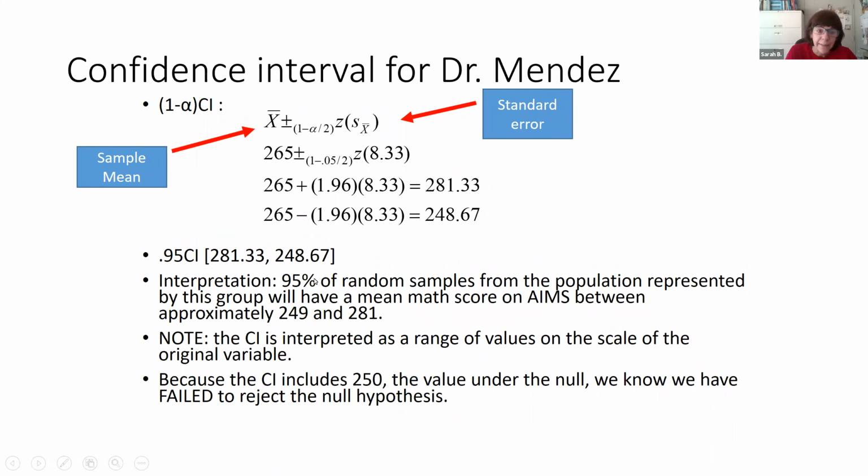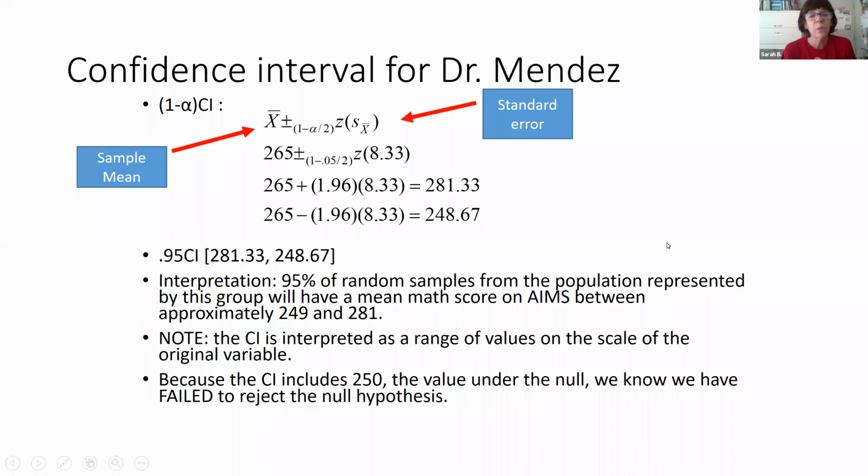And you write it like this: 95% CI, and then the upper and then lower. I'd check somewhere and see whether you're really supposed to do lower and then upper, but that's the general rule. And you see the interpretation is most important.